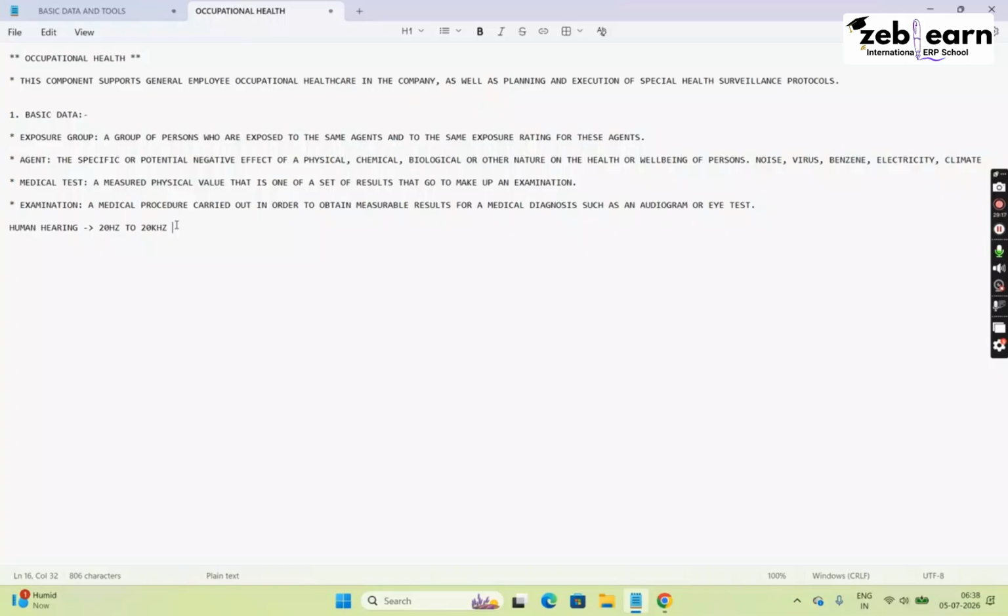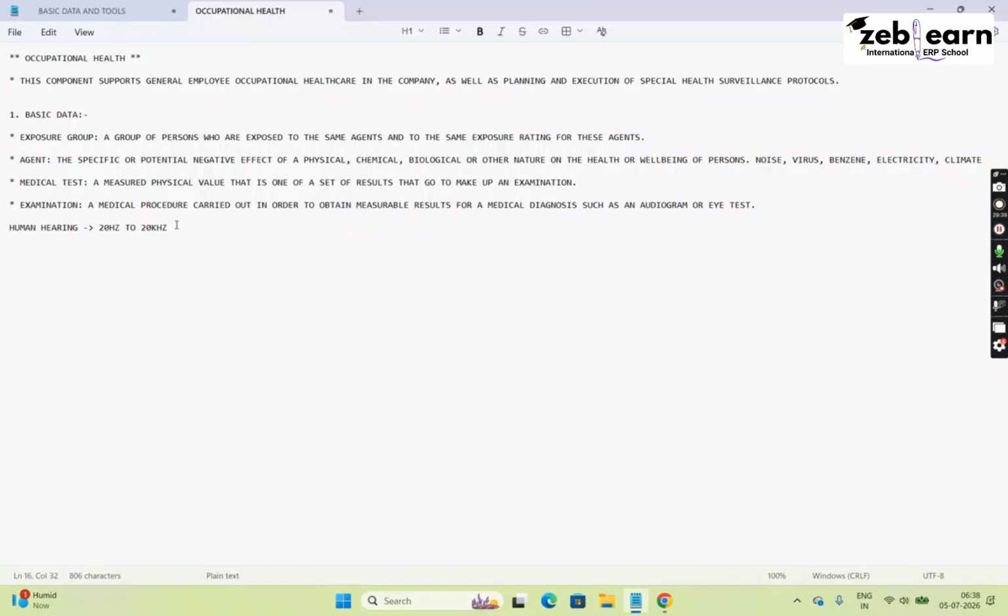Or if a person is continuously exposed to noise hazard working in a company, that person will also have a hearing defect. He may not hear from 20 hertz, maybe only from 2 or 5 kilohertz up to 15 kilohertz.